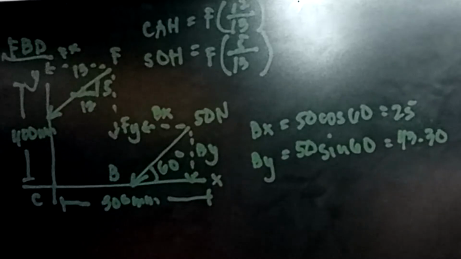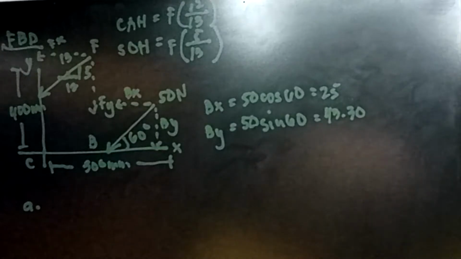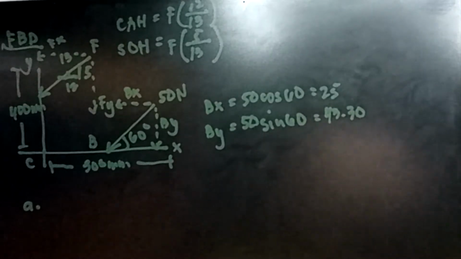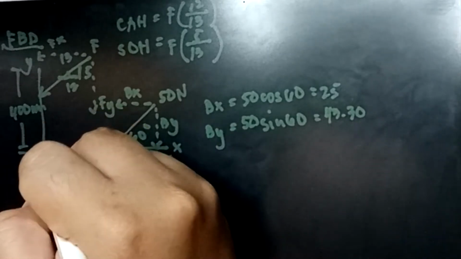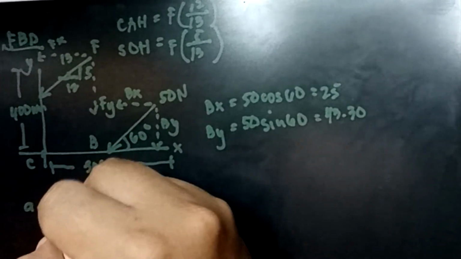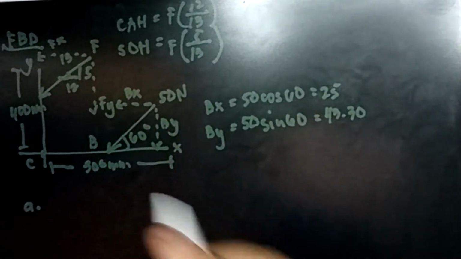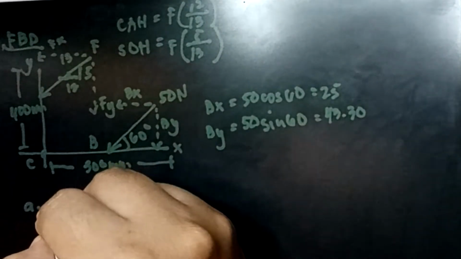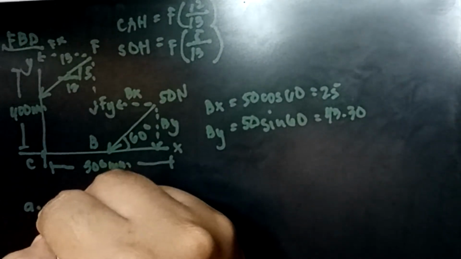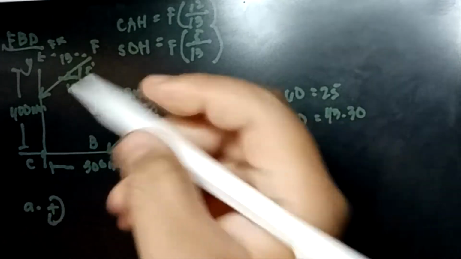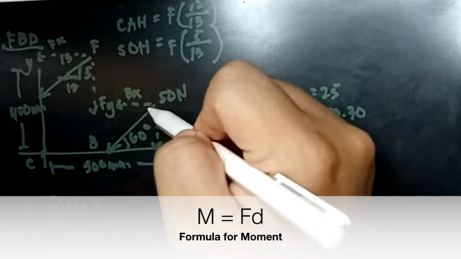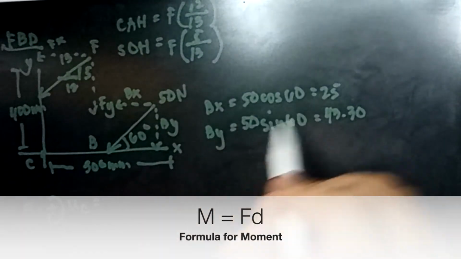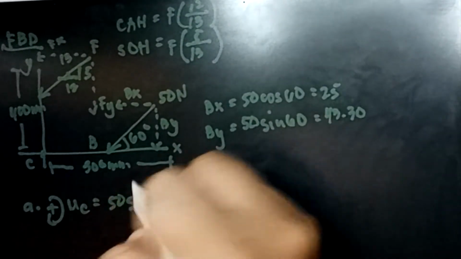Ang kailangan na lang natin gawin is mag-moment tayo. So, sa A, ano daw yung moment it creates about the nut at C. So, ito yung ating C. So, dito tayo mag-moment. And let's assume na kapag nag-moment tayo, ang ating clockwise is positive. So, ano yung By natin? Ang By is 50 sine 60.